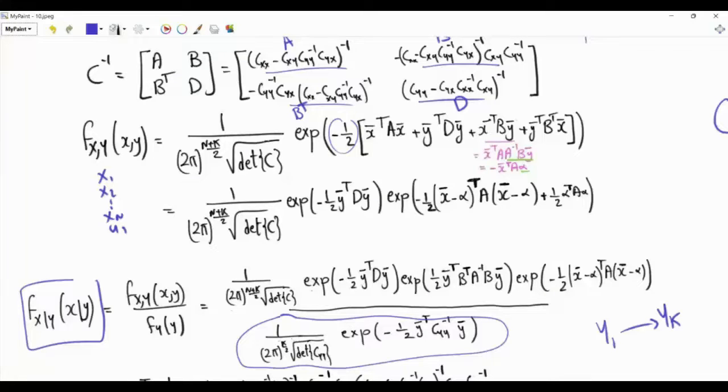So the denominator here is not problematic. The numerator is the joint distribution, and the previous steps basically manipulate this joint distribution and write it in a way that will help us simplify the final result and get a nice expression for the conditional distribution of vector x given vector y. So let's see what we will do here. This term is isolated, so isolate this term.